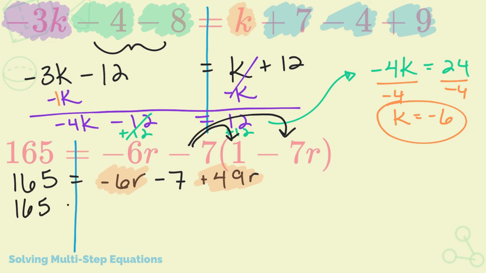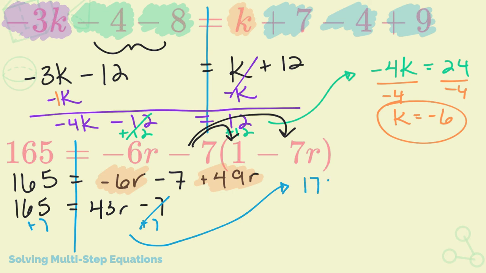So 165 equals 43r minus 7. At this point, I can go ahead and move my 7 over. So that's going to give me 172 equals 43r. Then I divide both sides by 43, and my final answer is 4 equals r.